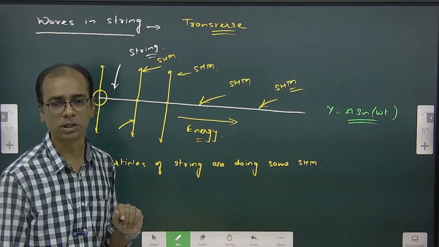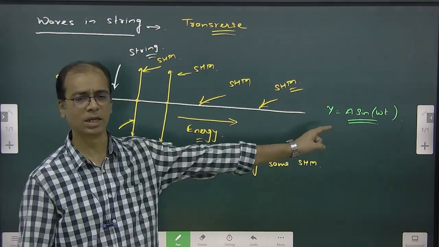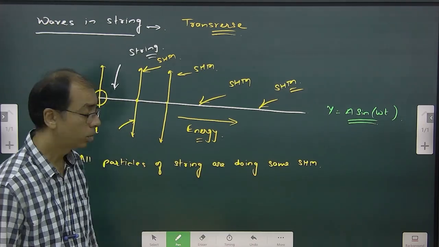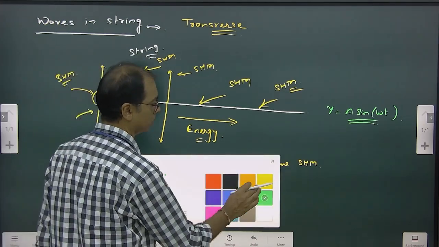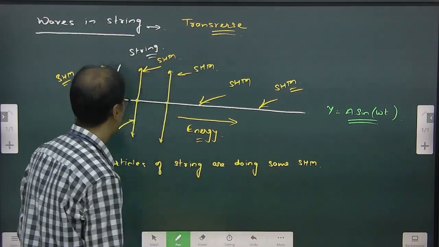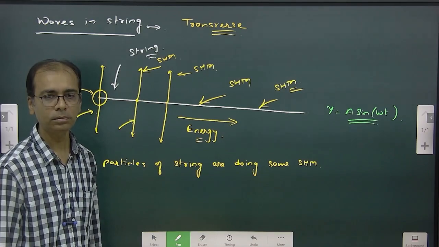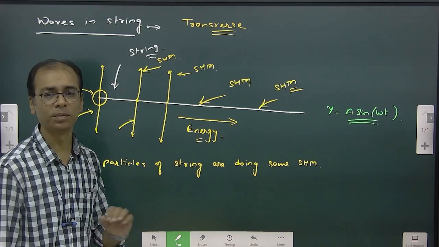If this is SHM, then all these particles are doing the same SHM, the same A sine omega t. Then what is different? Position. They will not be in the same position at the same time.